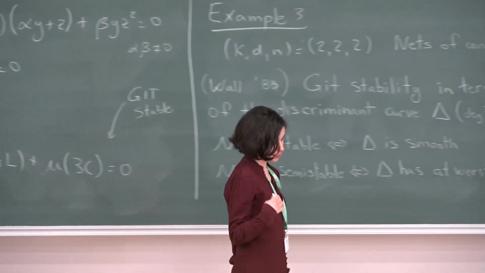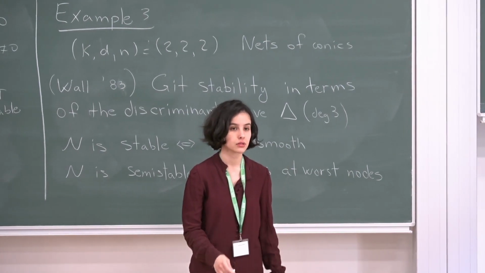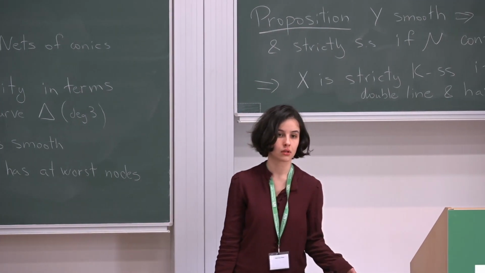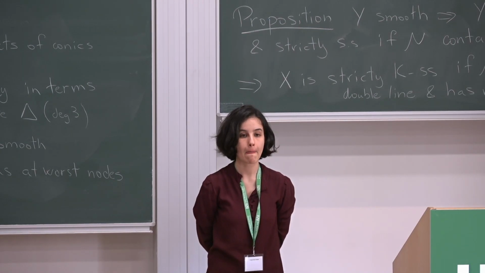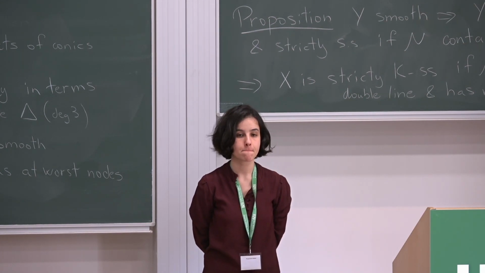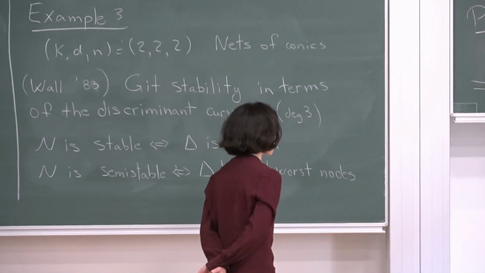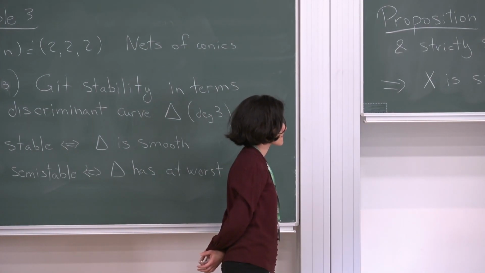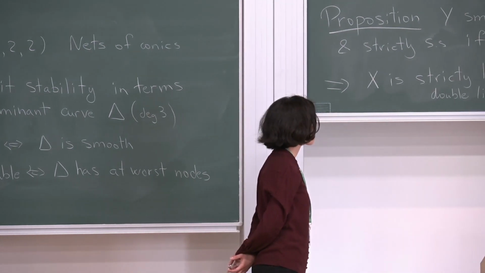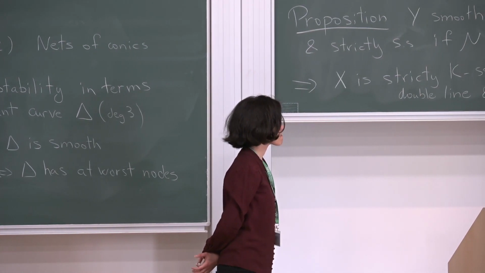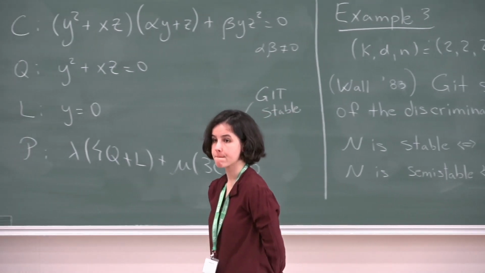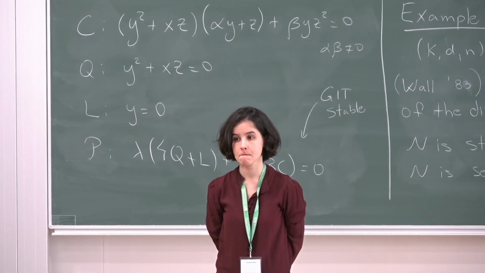What we observe is that the third case of instability implies a double line. What does double line mean? Its discriminant curve has a non-reduced component.